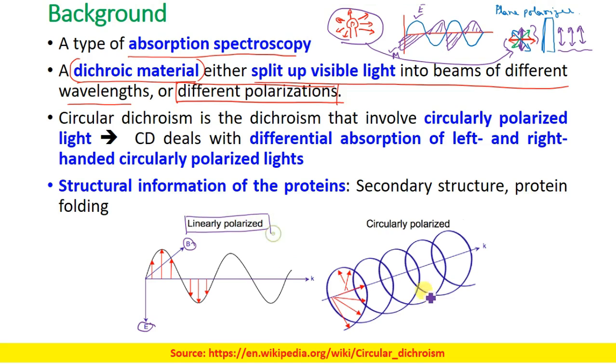Okay, there is another kind of polarization which is regarded as circularly polarized light. Herein, if you see, the direction of the light is continuously changing, and it is changing in a helical way.